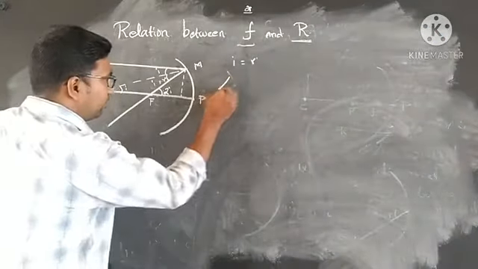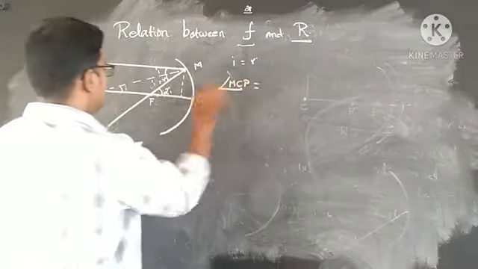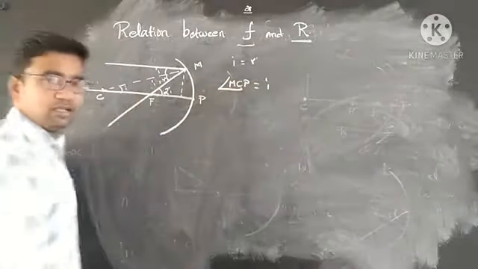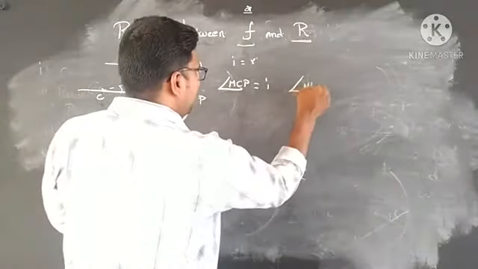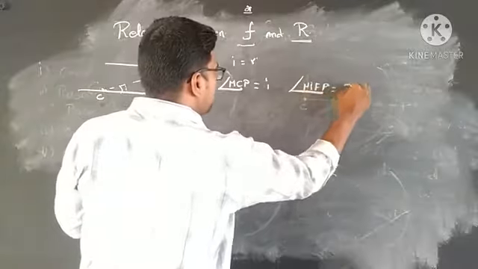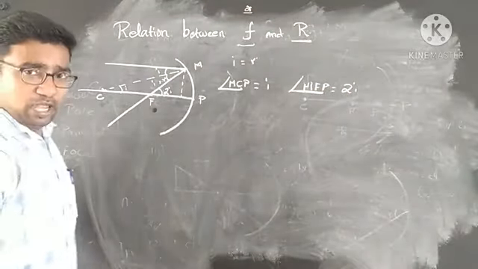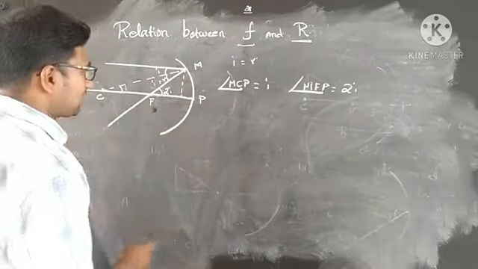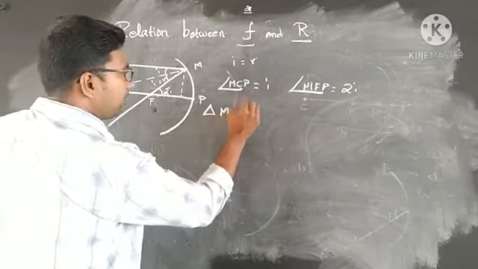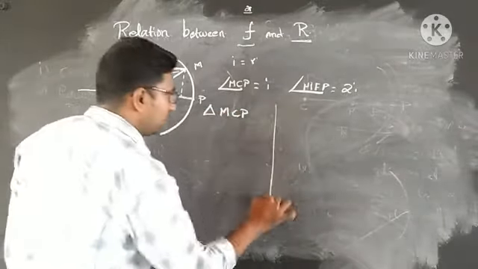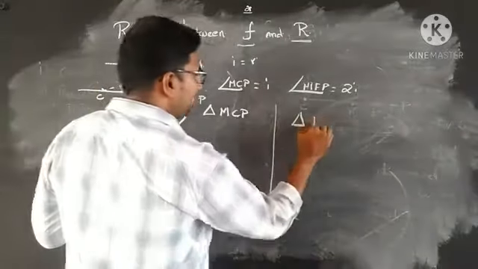The angle of MCP equals I. The angle of MFP equals 2 times the incident angle, 2I. Now I am going to compare these two triangles, MCP and MFP.